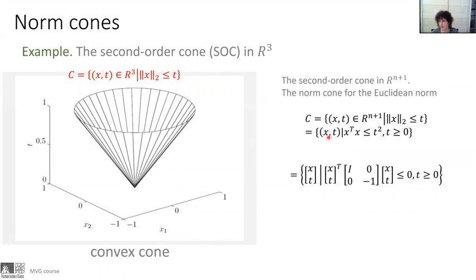I can say x and t such that x transpose x is smaller than t squared, but I have to take into account that t should be greater than 0. Why? Otherwise, you will not get a convex cone. You will get some cone and some cone in the other direction. You have to keep t larger than 0.